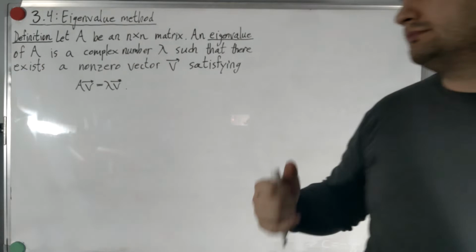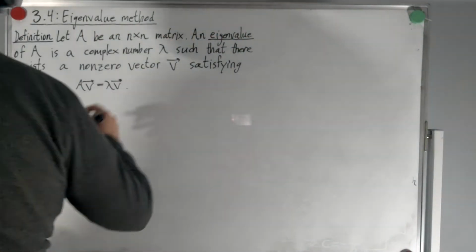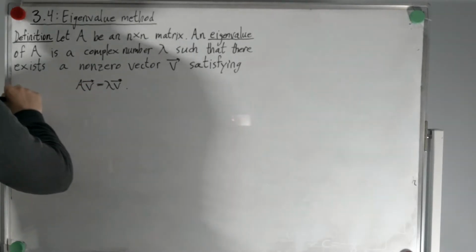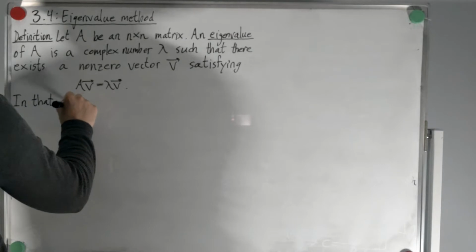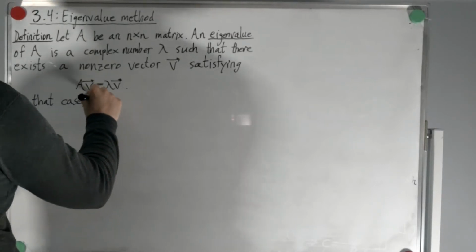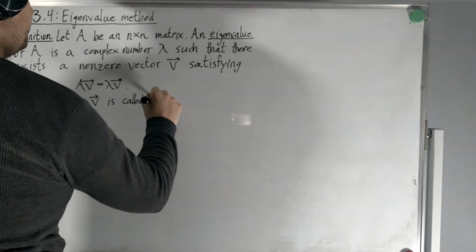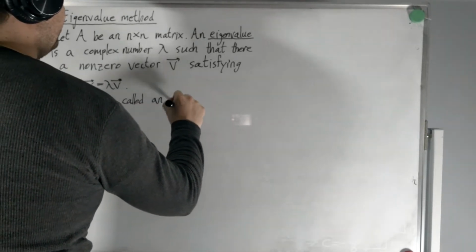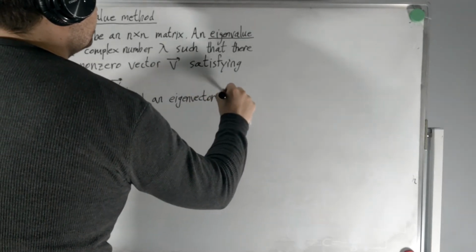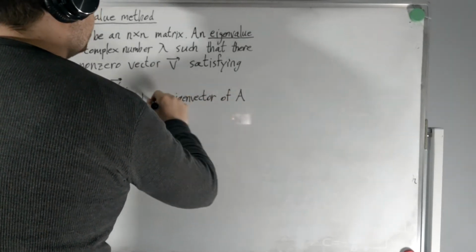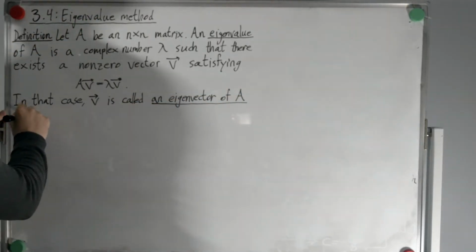Okay. In that case, V vector is called an eigenvector of A associated to lambda.